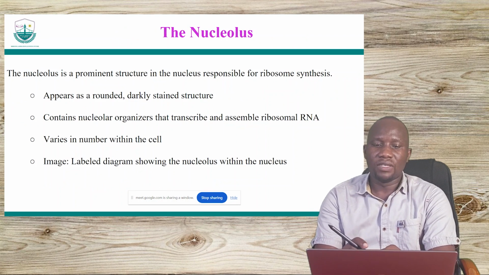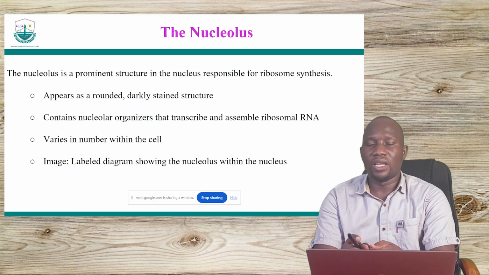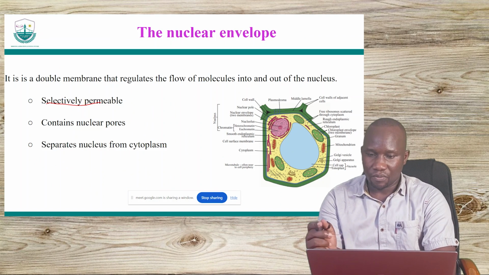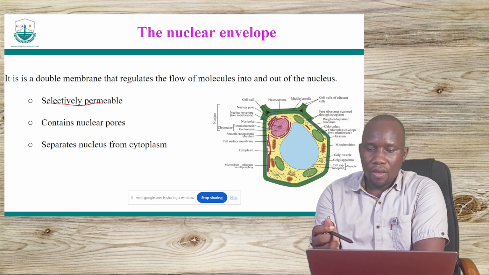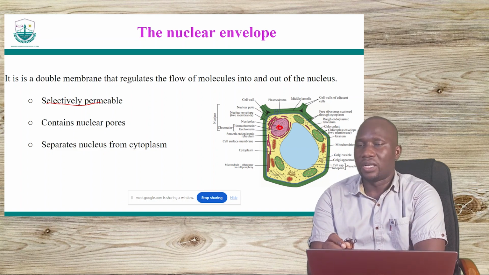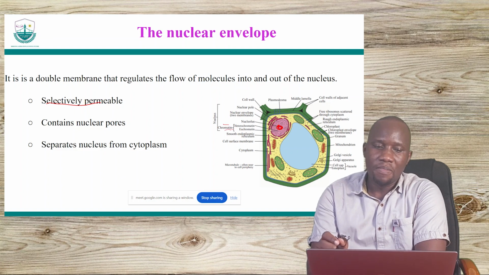And then we have the nucleolus. It's a prominent structure in the nucleus. So within the nucleus, let's go back here. You see this part here. That is the nucleolus. It is inside the nucleus. It contains the chromatin.